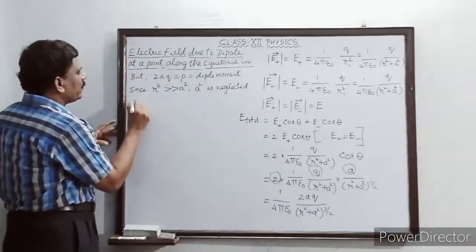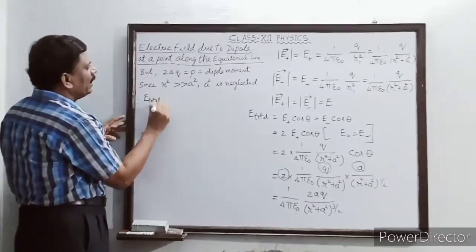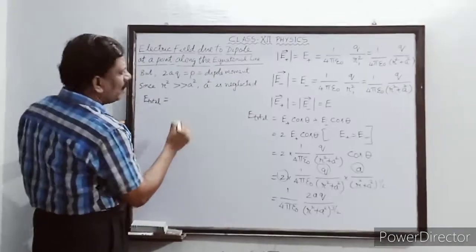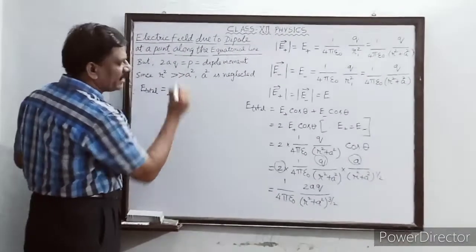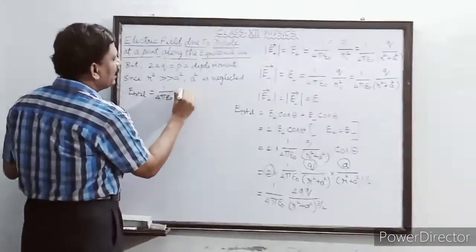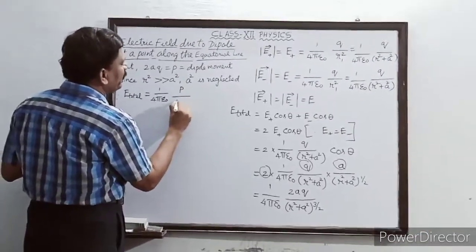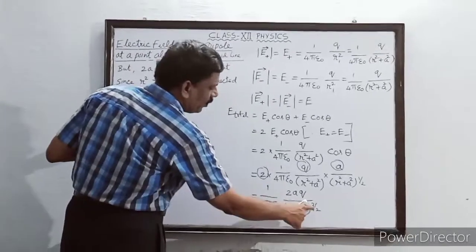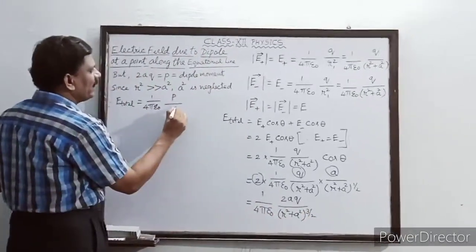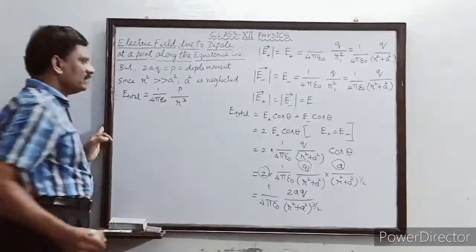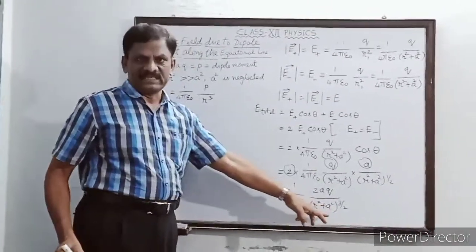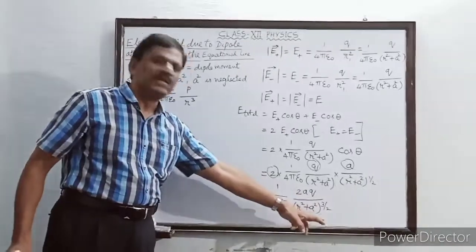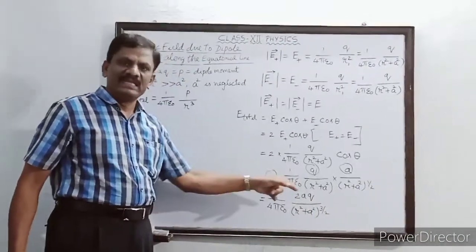Therefore, E total is now equal to 1 by 4 pi epsilon naught into P divided by R square whole power 3 by 2, which will become R cube, because a square is neglected. R square whole power 3 by 2 is equal to R power 3, that is R cube.